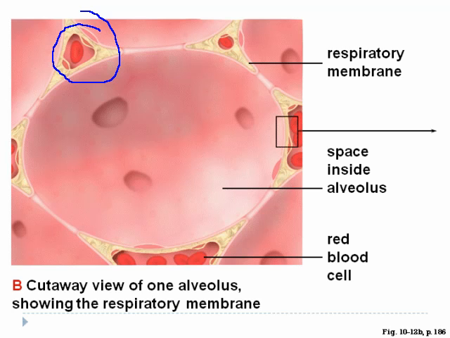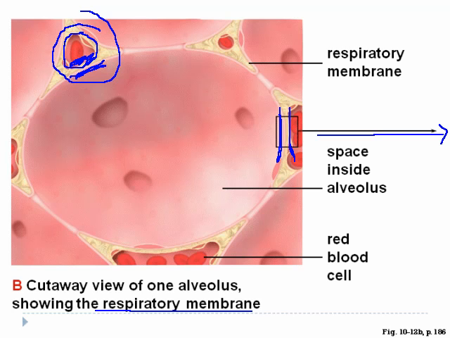You can see that capillary is really only big enough for a red blood cell. That puts the membrane of the red blood cell very close to the wall of this alveolus. There's not very much space at all between the wall of this air sac and the wall of this capillary. That very small space is referred to as the respiratory membrane.